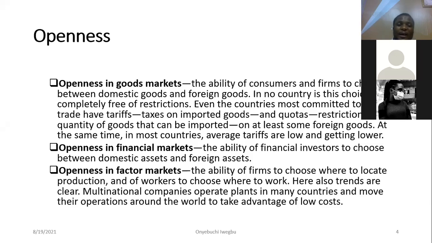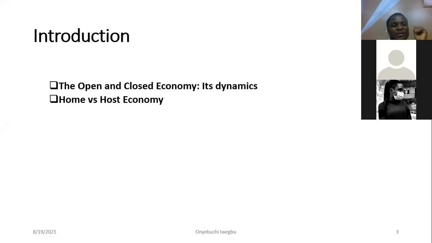Okay, so I was saying that we will always have openness. And openness can come in the form of goods. And that's when you talk about trade, export and import. Openness can come in the form of liquidities. And that's when you talk about money flows, remittance and portfolio investment.